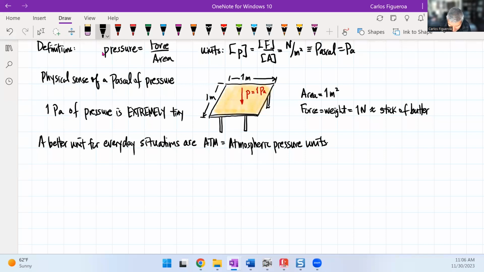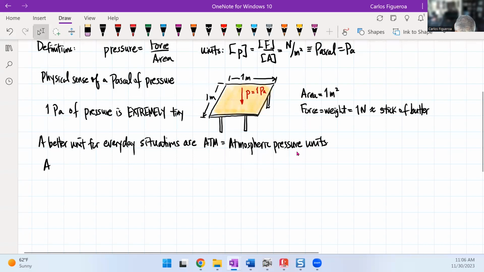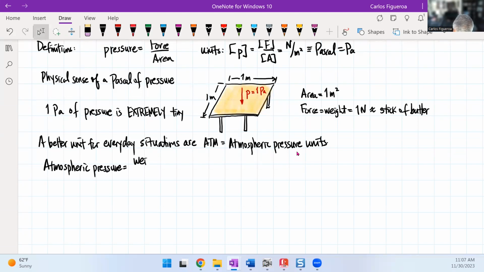So by definition, one way of defining atmospheric pressure, it's going to be the weight of air divided by, let's say, 1 meter squared. We could take a table, just like we did up above. Another thing that would be useful is if you were to take a sewer pipe.